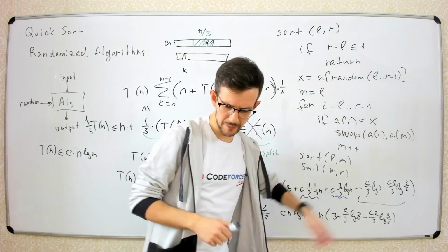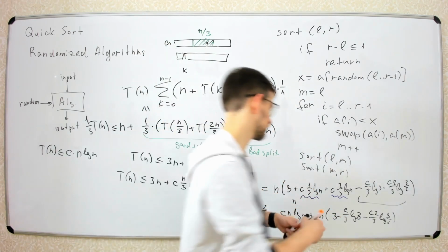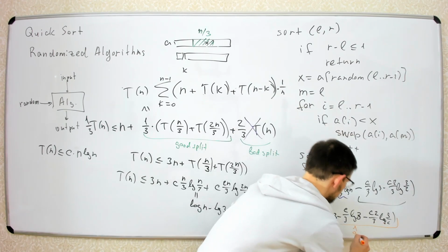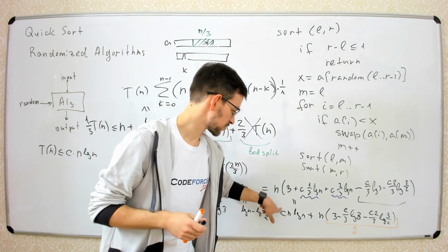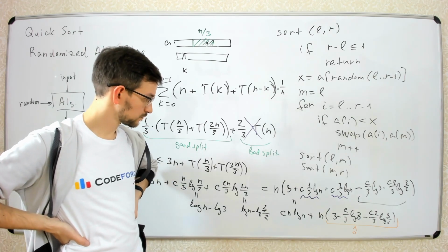And now we just pick a big value of c. So if c is big enough, then this is less than 0. So this is less or equal than cn log n.